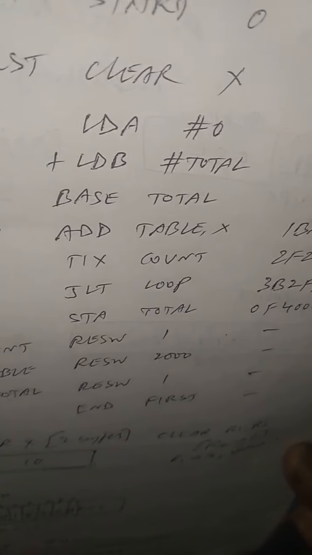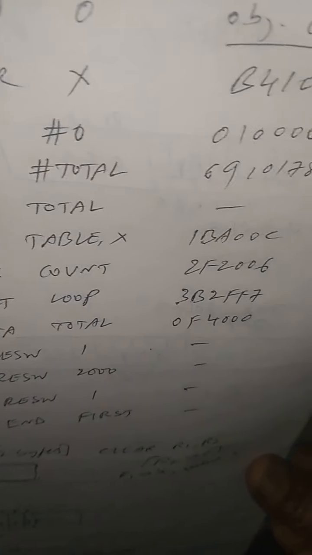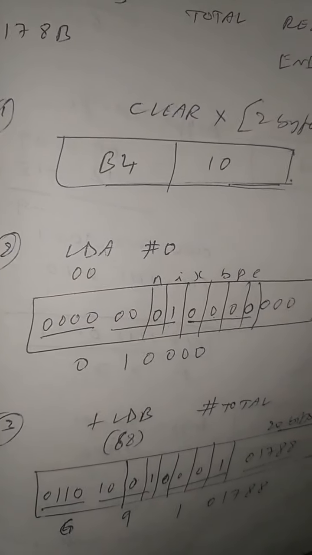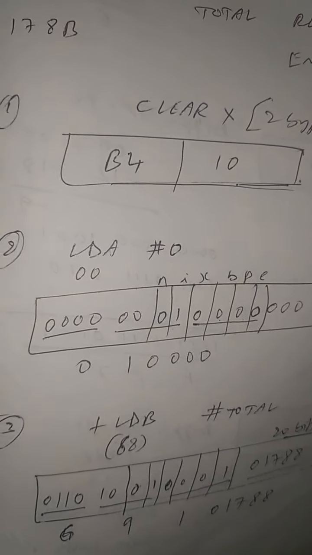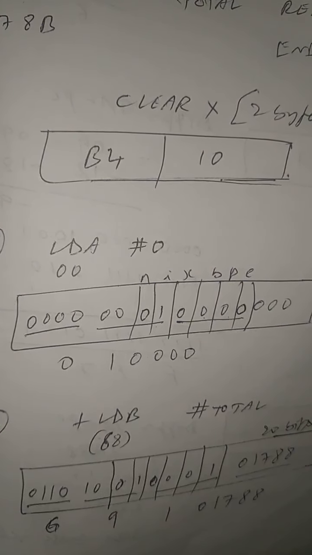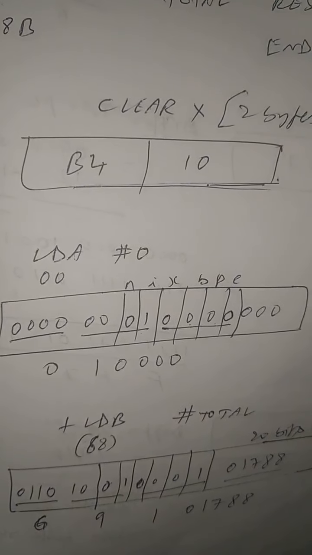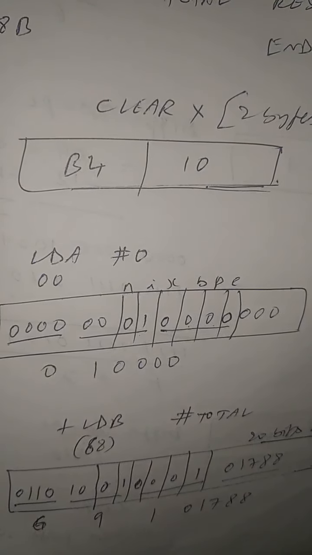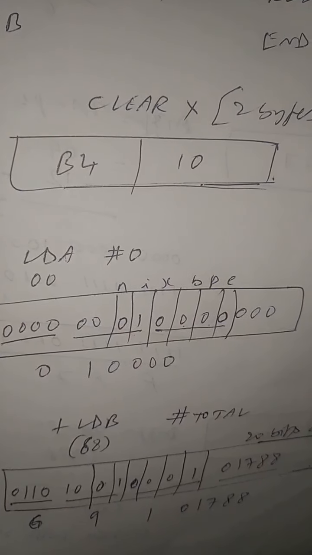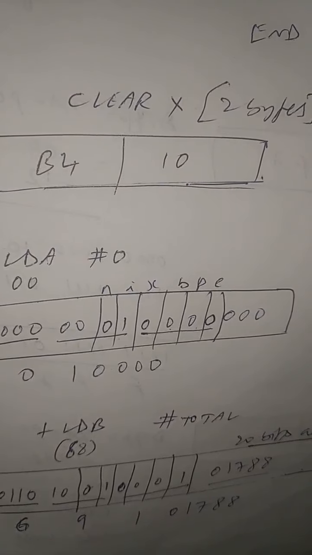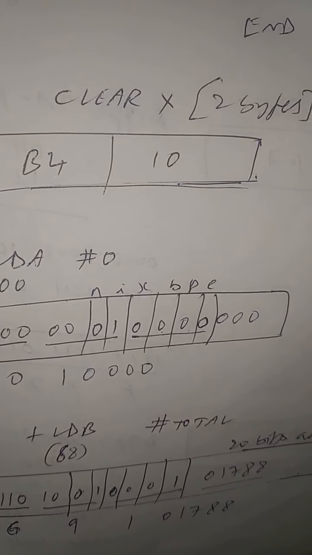The next instruction is LDA #0. LDA has the opcode value 00, so write 000000, and the last 2 bits of the opcode byte are taken by the flag bits N and I. Since it is immediate mode, make I as 1, N as 0.